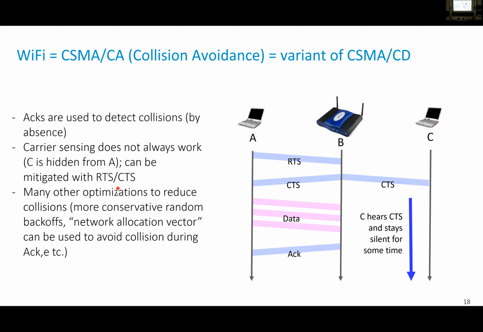There's a zillion other optimizations. For example, a more conservative random backoff. In fact, when A senses that the channel is idle, it will wait for a random time before transmitting, which decreases the throughput seen from A's viewpoint, but will, in some cases, mitigate some of the collisions. Also, I mentioned that in the RTS and CTS exchange, there is some information that can be used by C to infer how long the channel is going to be busy by this set of events.